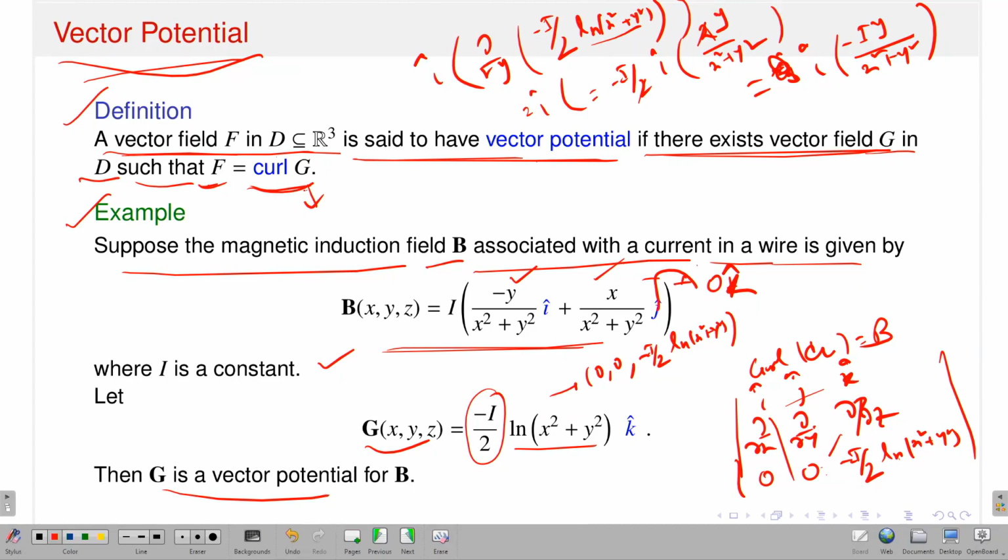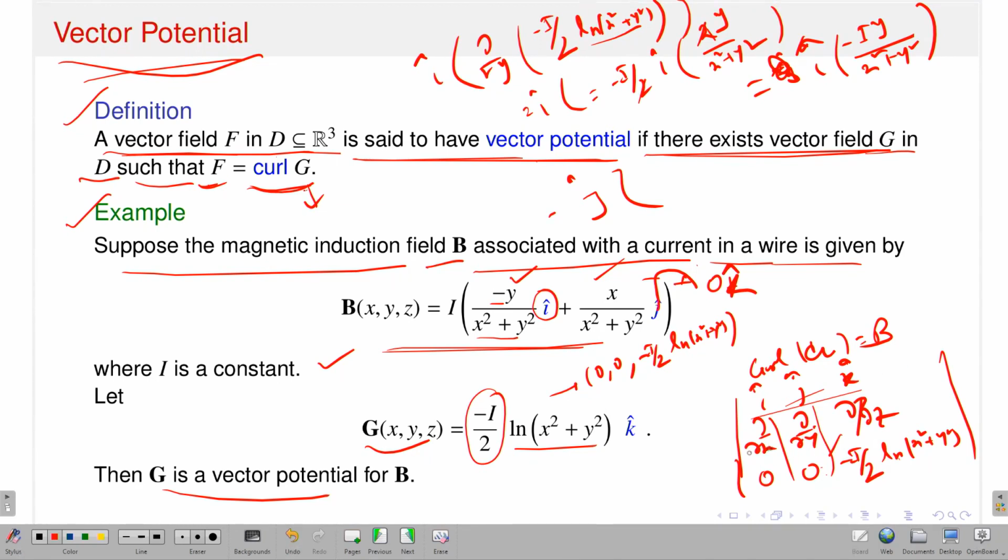This is the component that survives with i cap: minus y divided by x square plus y square times I. Similarly, you just calculate the j cap. J cap means, so minus j cap, you can write it.